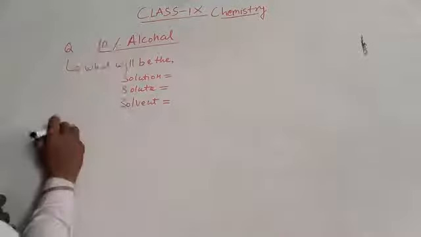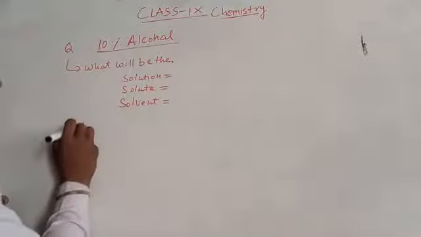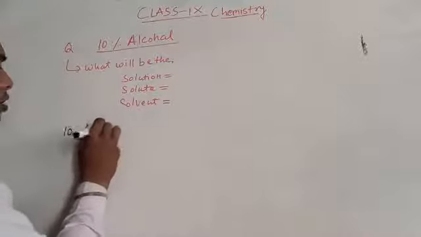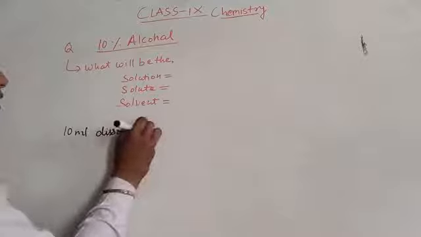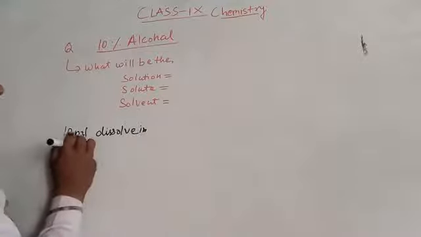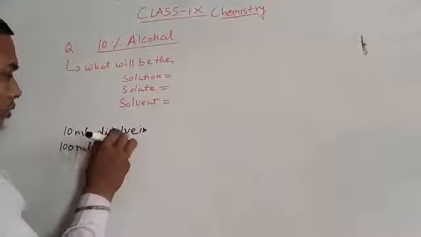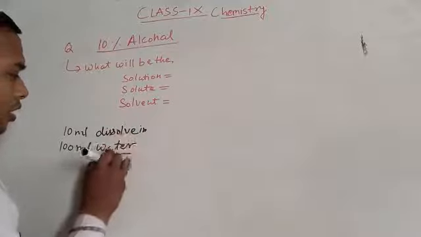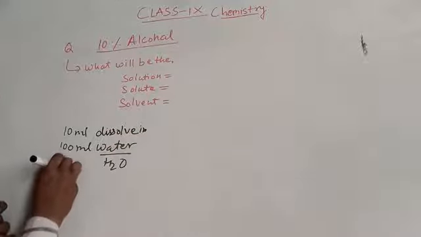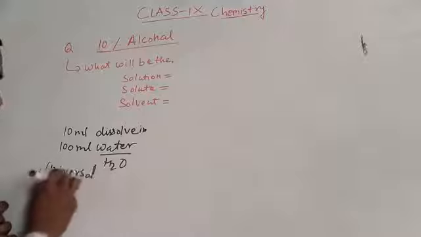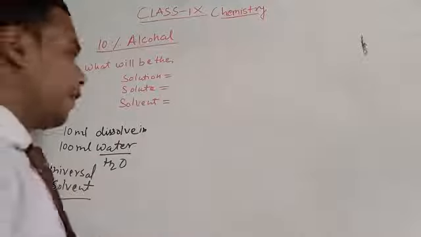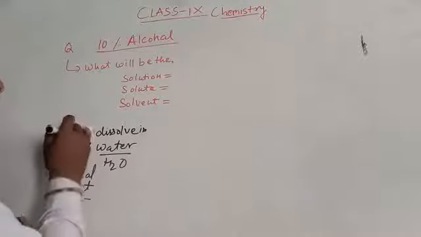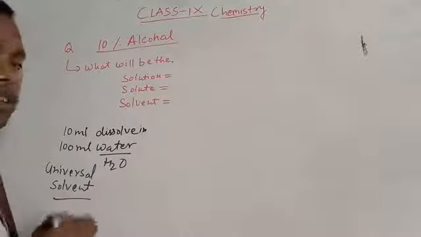So 10% means 10 ml dissolved in 100 ml water, because water is the universal solvent. That's what we have to predict: the 10 ml alcohol is dissolved into water.